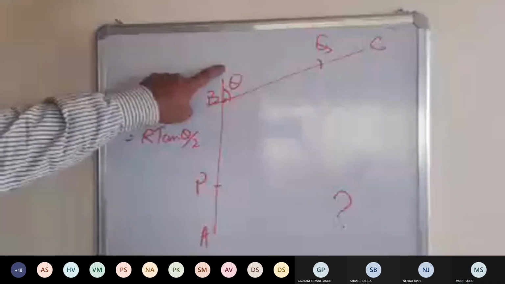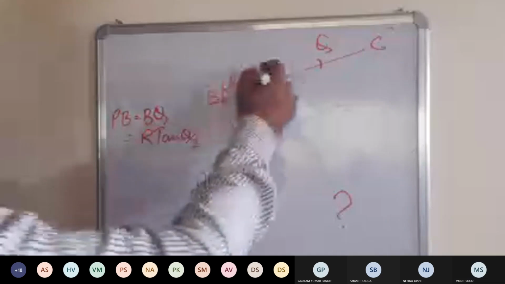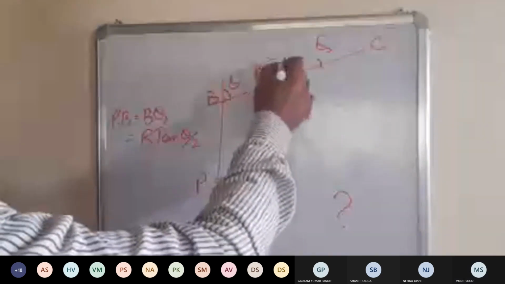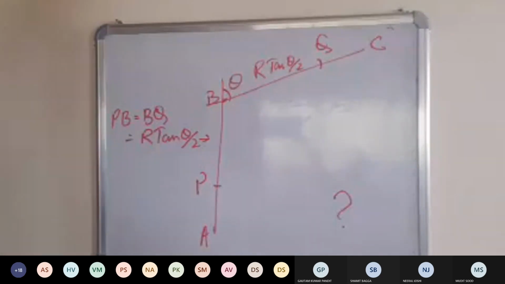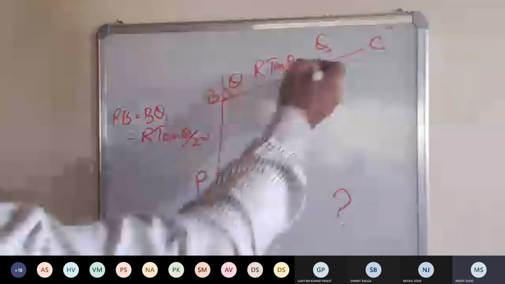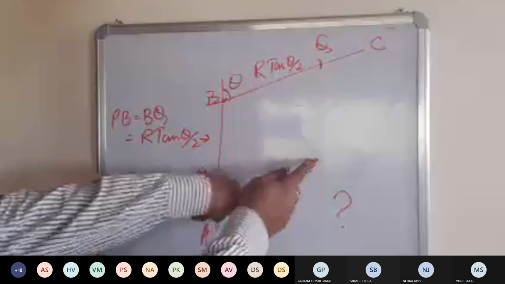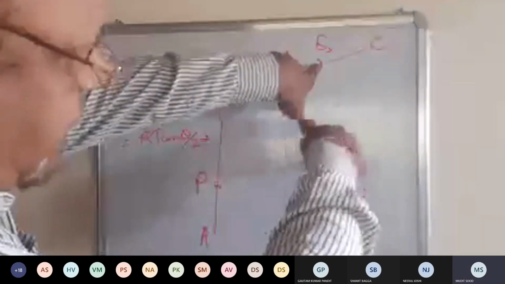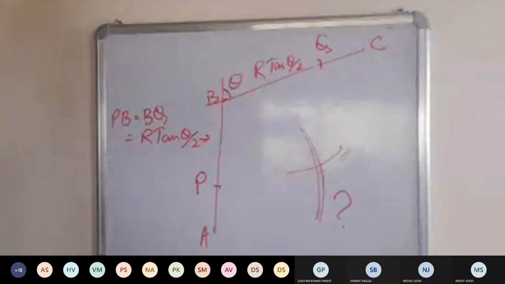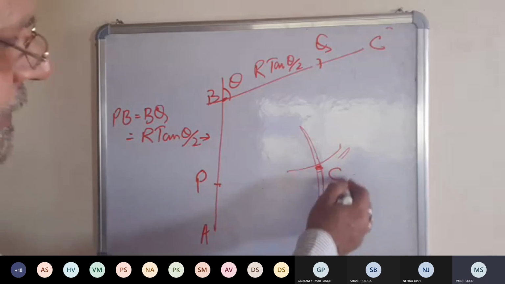We have the theta, we have decided the radius. So in this, we are cutting this as r tan theta by 2. This also r tan theta by 2. Now from point P and Q, we take the compass and cut an arc equal to the radius, and from here also cut an arc equal to the radius. This point is the center O.